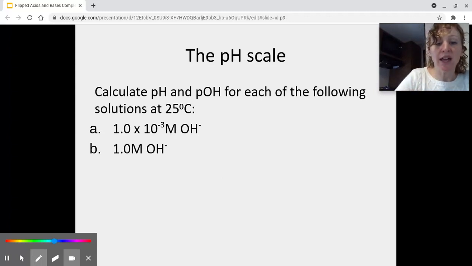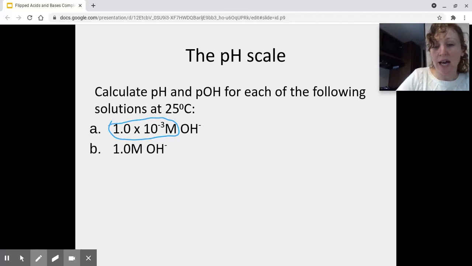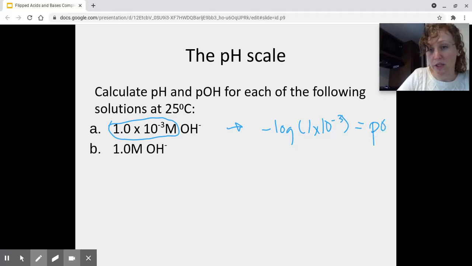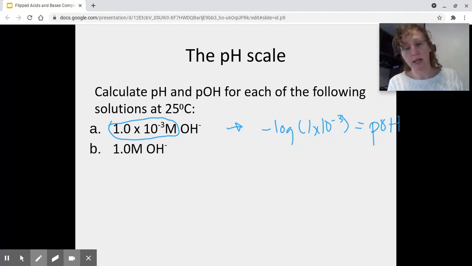So if I have the concentration of hydroxide here, I can plug that in to negative log of my concentration, and I'm going to get out a pOH, right? So I'll do that real fast.